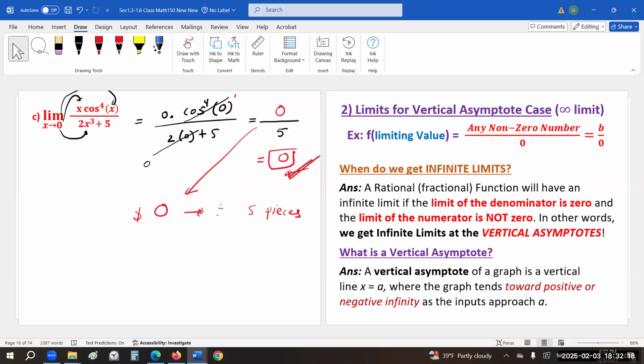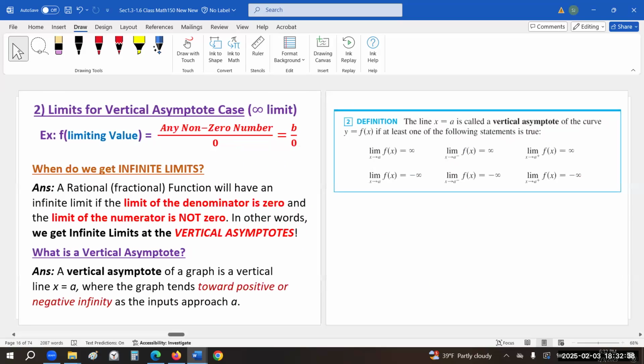So what is a vertical asymptote? A vertical asymptote of a graph is a vertical line where the graph tends toward positive or negative infinity as your x value approaches that particular number. What does that mean?